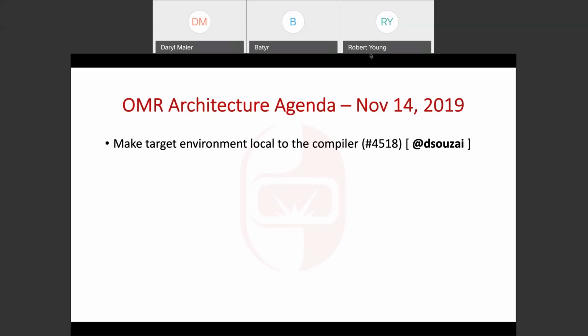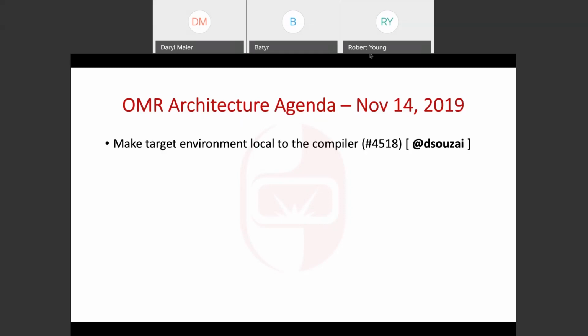The idea here is that the target environment in the compiler is a global singleton, and there's also a host, which is used to answer queries about where the compiler is running, versus the target, which is where the jitted code is targeted to run. In OpenJ9, we have the ability to generate relocatable compiles dynamically and optionally.